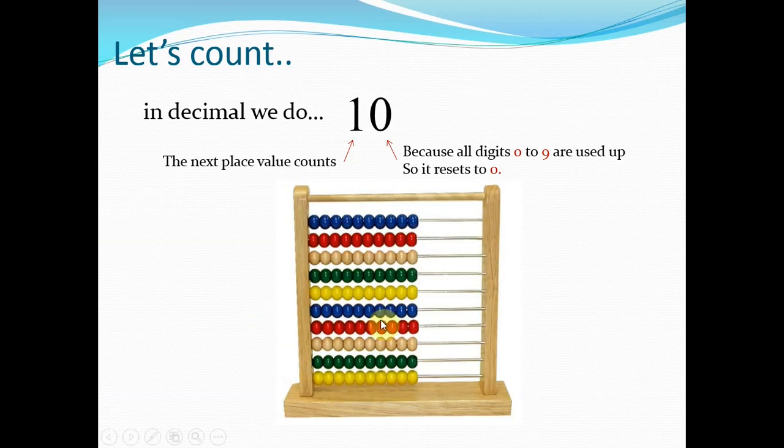So in every place value, remember, for decimal, we only have 10 possible digits, and that is from 0 to 9. So imagine these are the place values of your decimal number system, and there are 9 beads here.